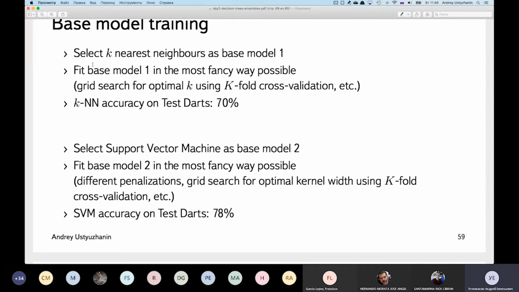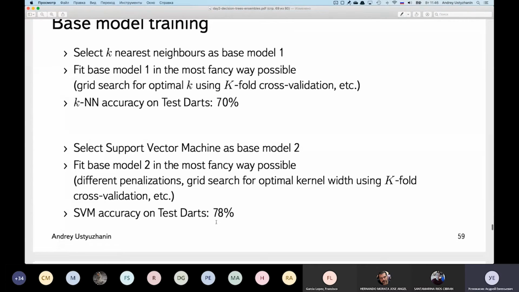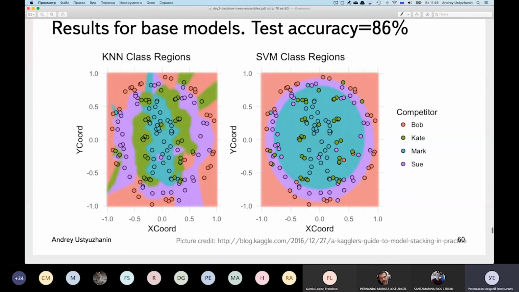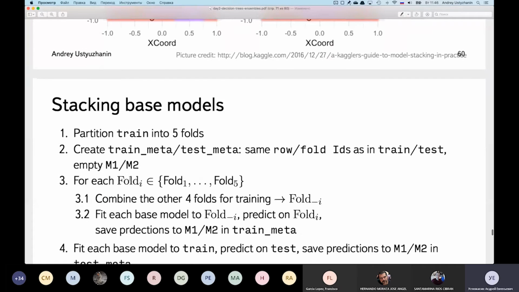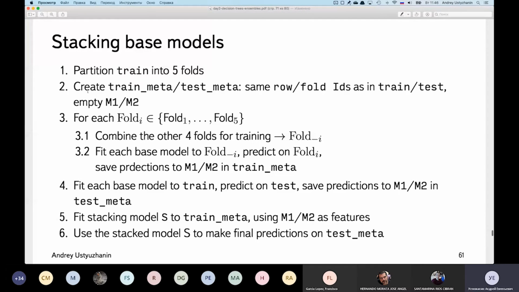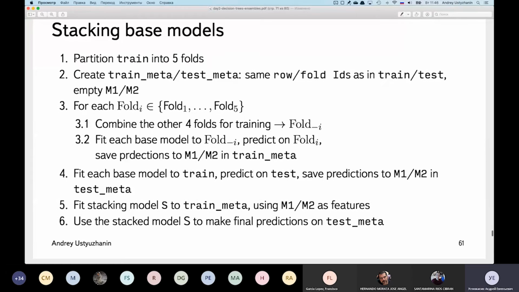So we can build those two algorithms using a training sample, and you see that the accuracy of K nearest neighbors is roughly 70%, and the accuracy of SVM is nearly 80%. They can be illustrated by the following colorful pictures. The color is just a representation of the output of the algorithm, and you can build a stacking model by the following procedure.